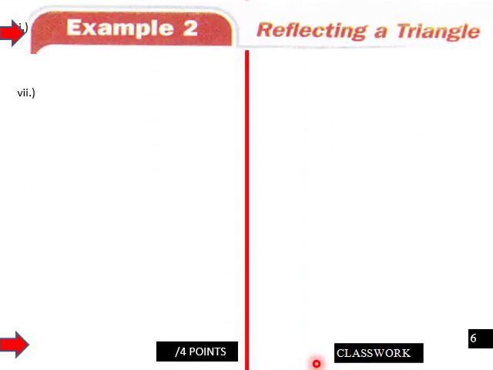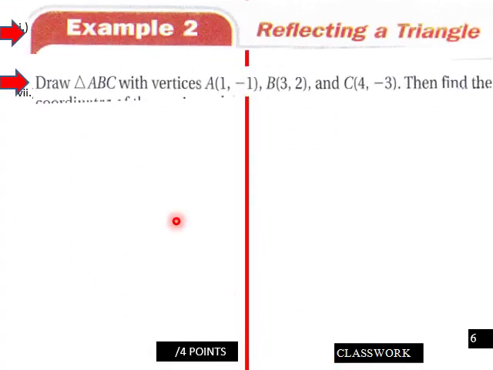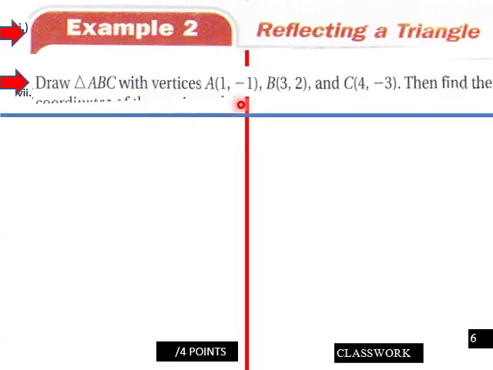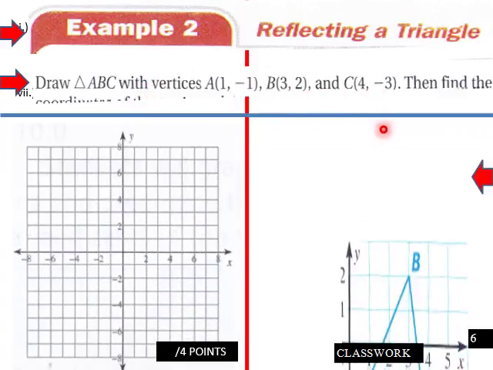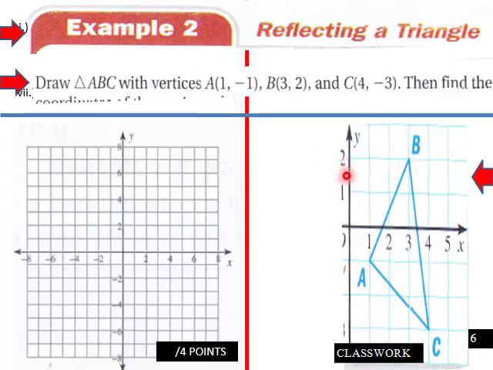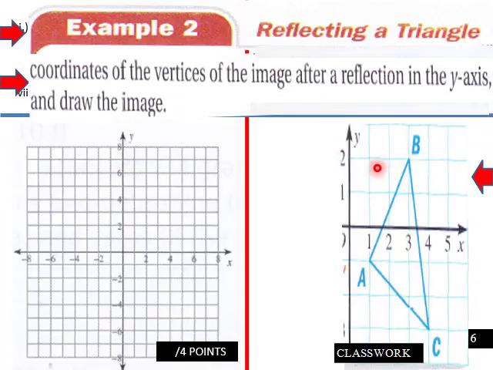Now let's go into our example 2. Draw a triangle ABC with vertices here, then find the coordinates of the vertices of the image after reflection in the y-axis and draw the image. So what would the reflection of this triangle be after it's flipped over the y-axis? We have our coordinates here.